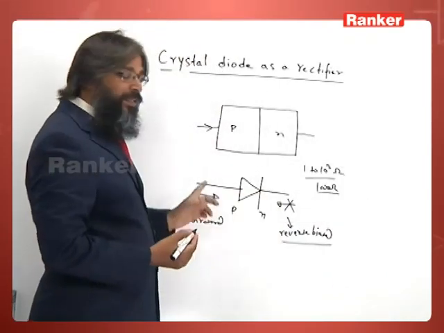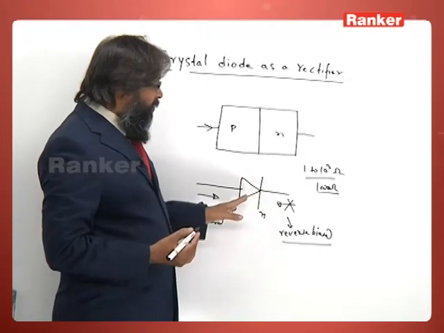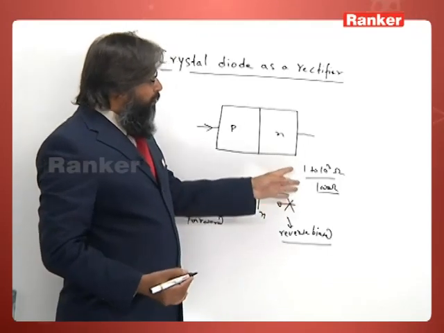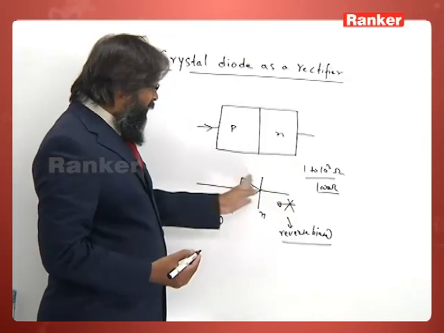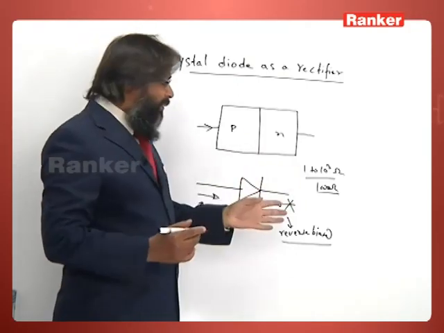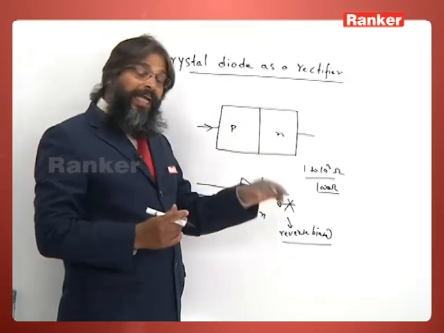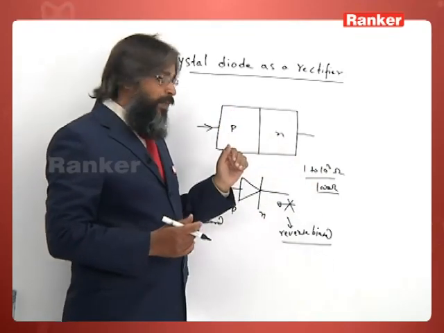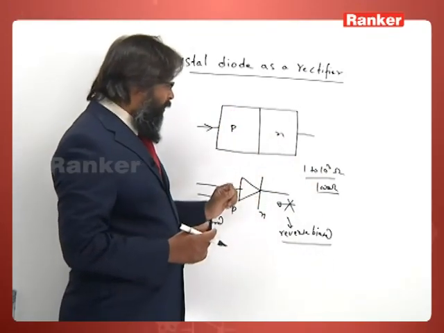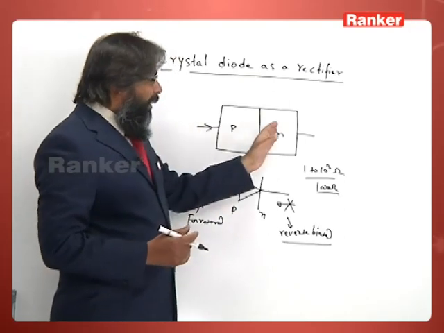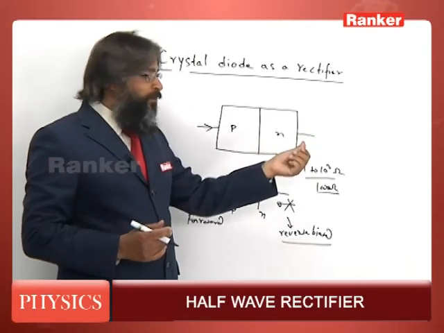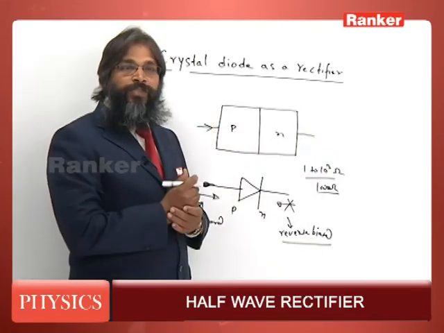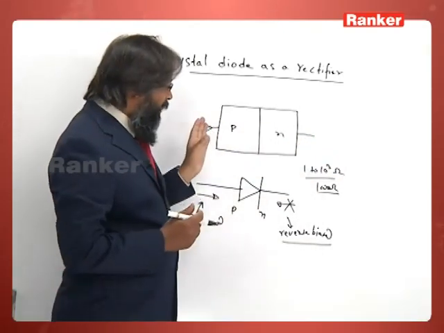Whereas, in reverse bias the resistance is of the order of 1 lakh ohms, that means 1 lakh or more, say 50,000 to 1 lakh times that value, so that is in megaohms. That is why the PN junction offers very little resistance to the forward current and very high resistance to the reverse current.